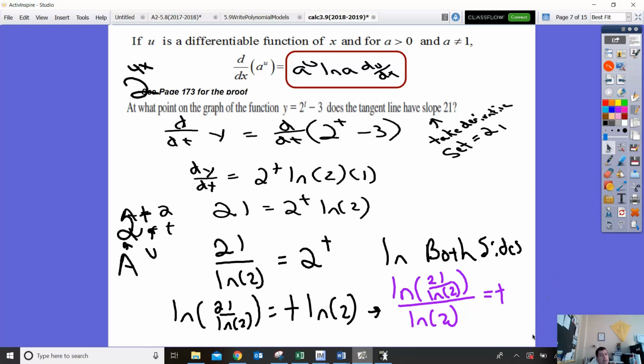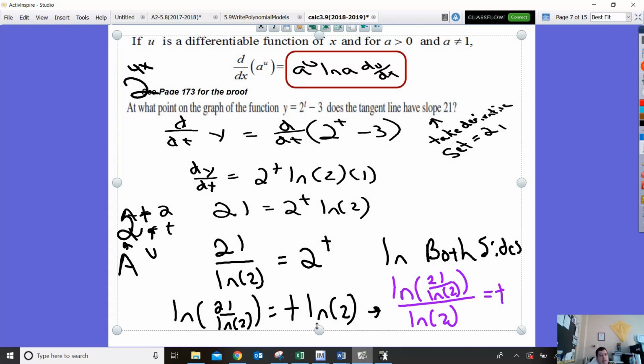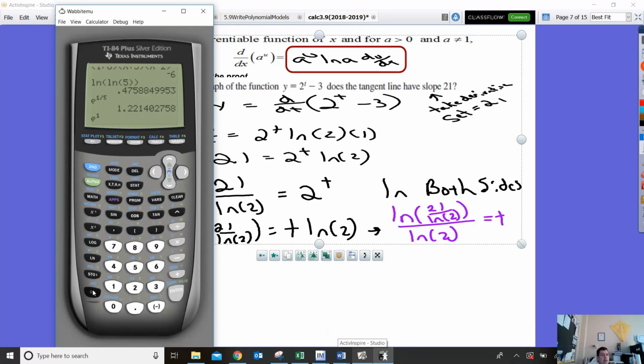It doesn't mention anything about writing this in exact form. We'll just see what happens when we plug it in exact form. Sometimes things work out pretty nice. All right, so I've got the natural log of 21 divided by the natural log of 2. Close, close.